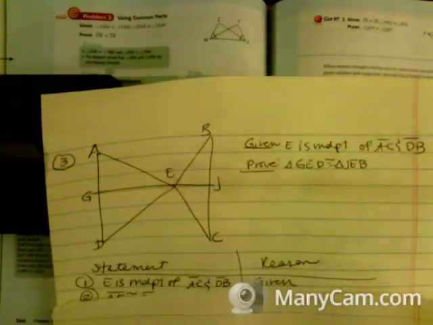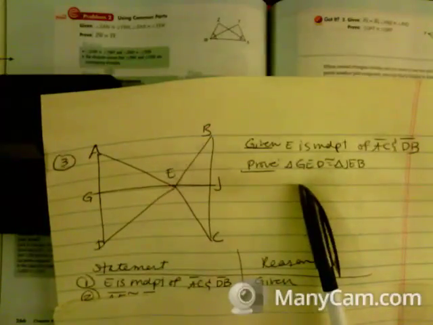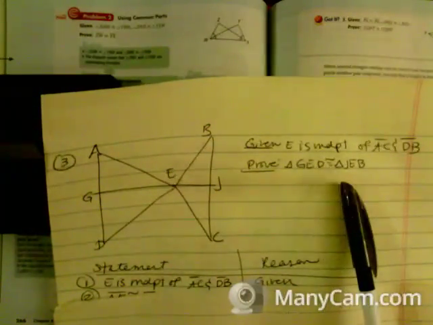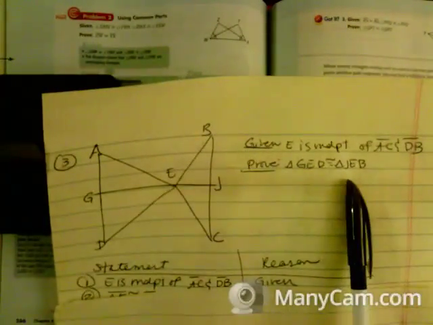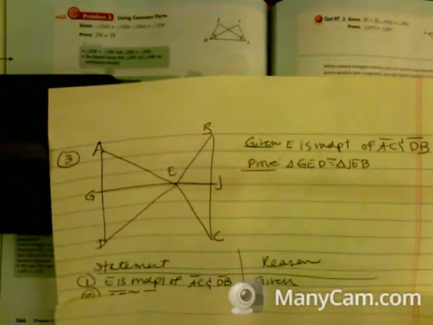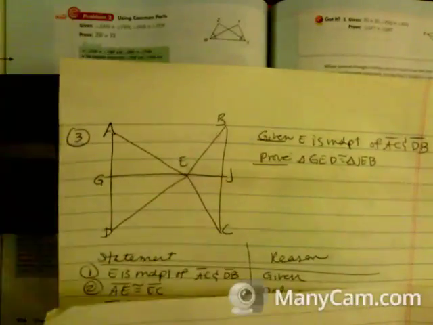E is the midpoint of AC and DB. I know you can't really see that. You want to prove that triangle GED is congruent to JEB. Alright, so for a two-column proof, let's start with a given.